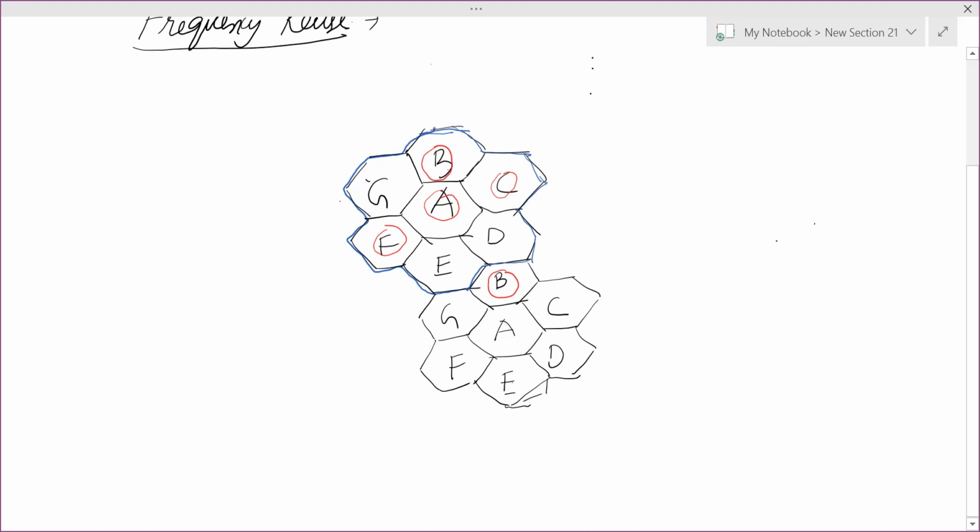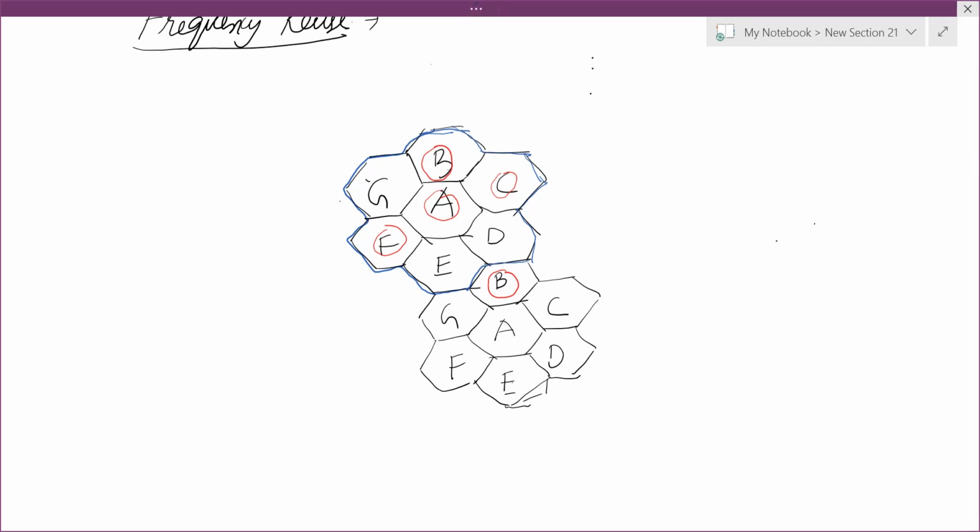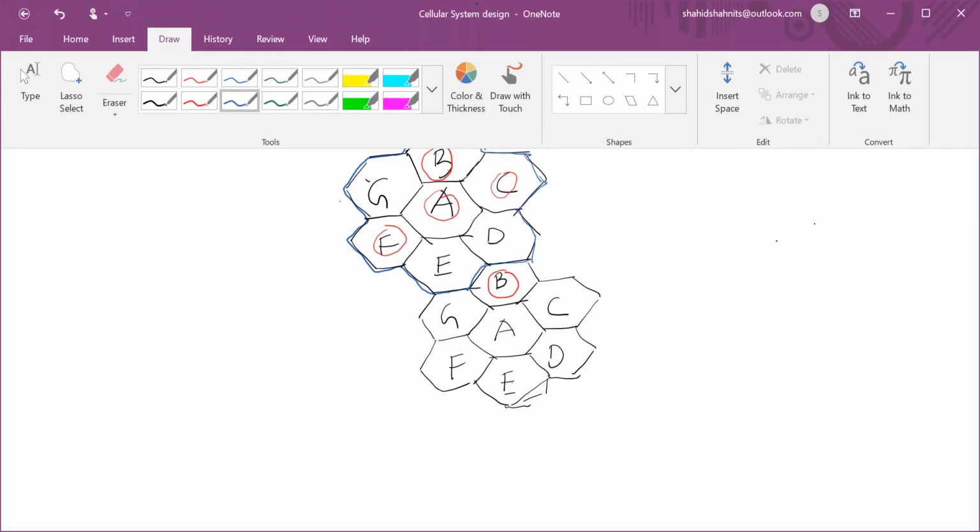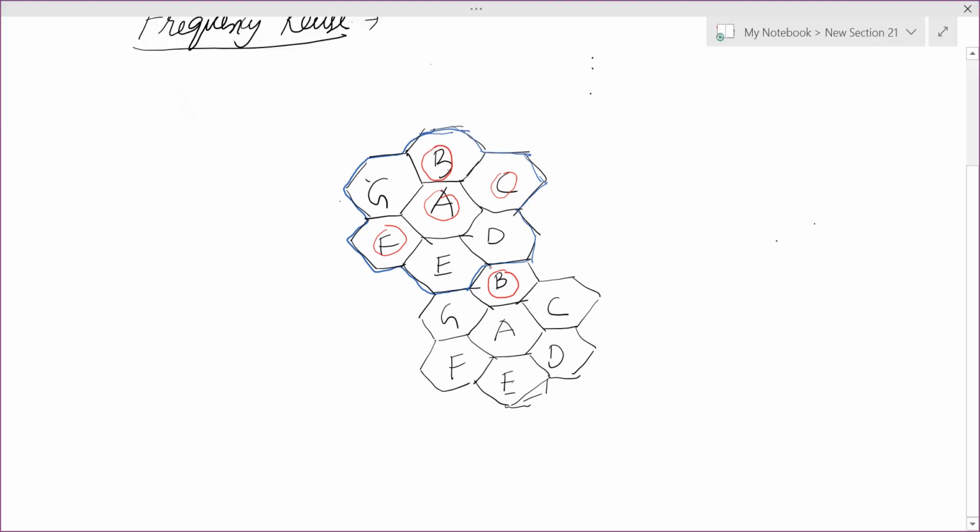These 7 cells, they use different frequencies, all of them. Now I will use red color for the second cluster. Okay, so all these cells reuse the frequencies of the previous cluster.